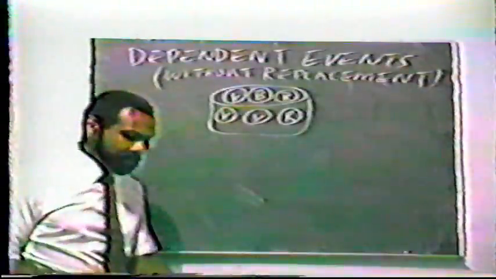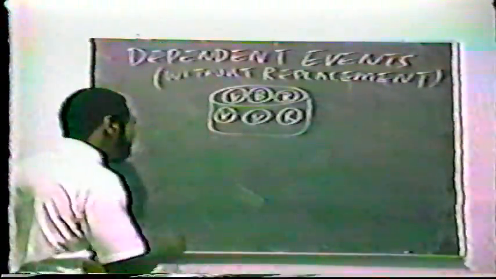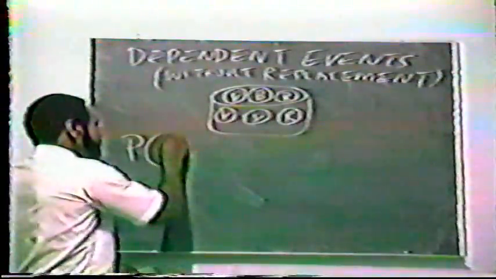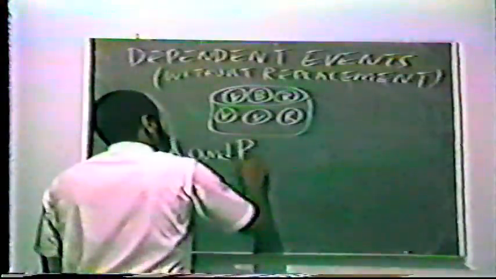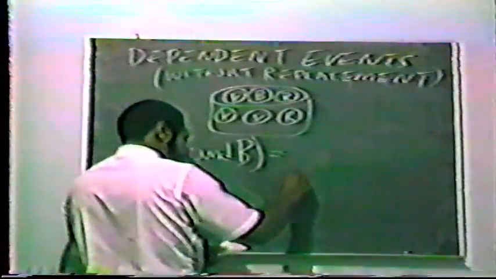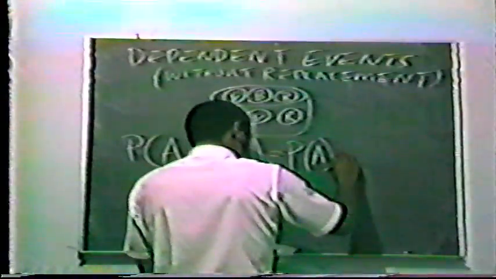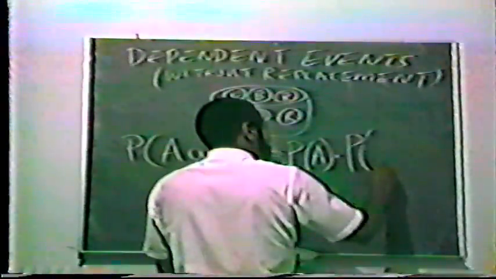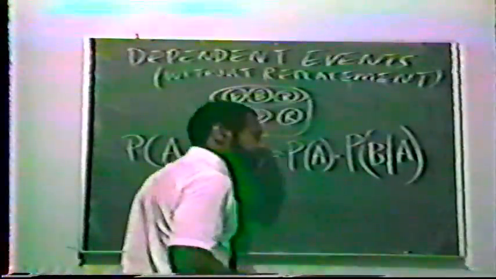Now, if you have dependent events, the formula for finding the probability of A and B is this. The probability of A and B is equal to the probability of A times the probability of B given that A has occurred.